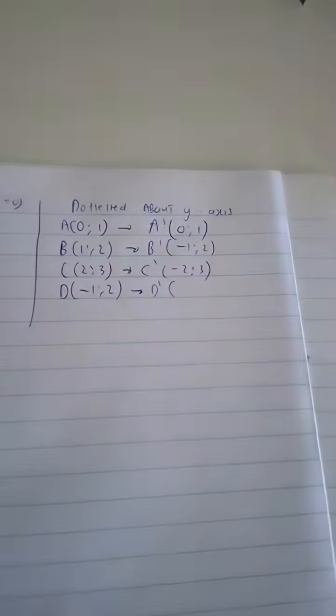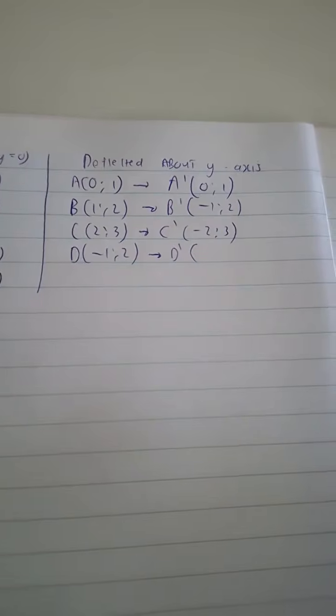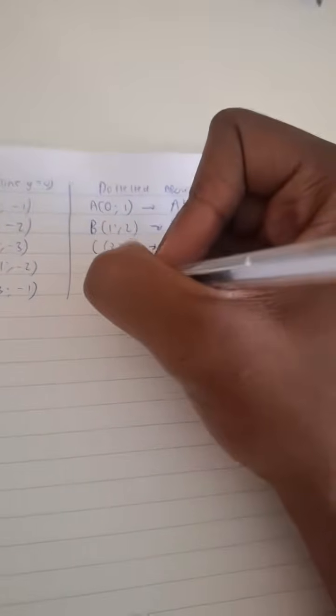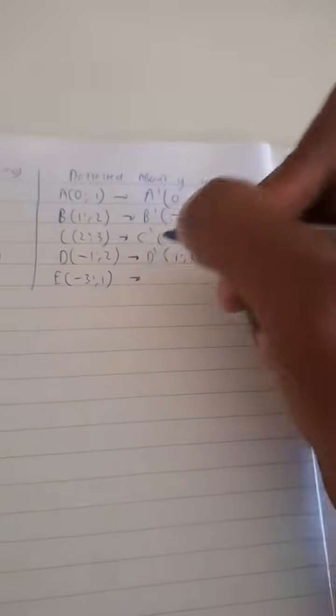D, the image of D reflected about the y-axis. Yes, Alika. Yes, Nwabisa. Yes, babe. So 1 and 2. Then E, negative 3 and 1.